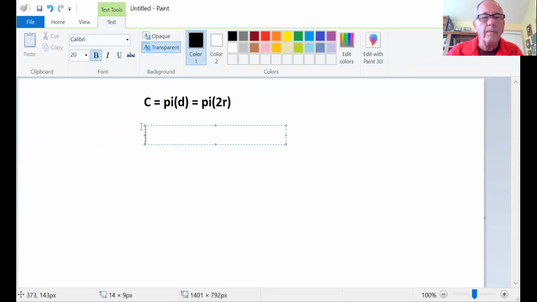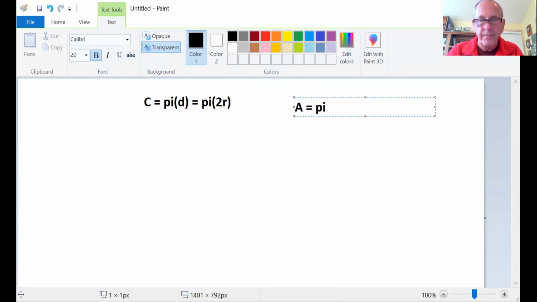And the area A is equal to pi r squared, which is equal to pi times d squared all over 4. That's the same thing also.